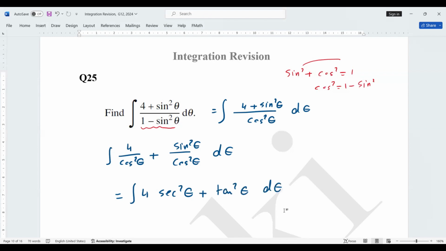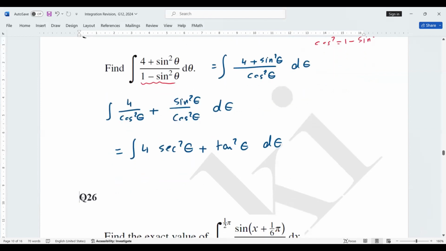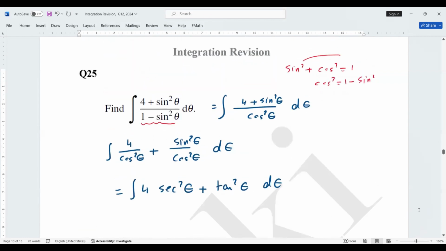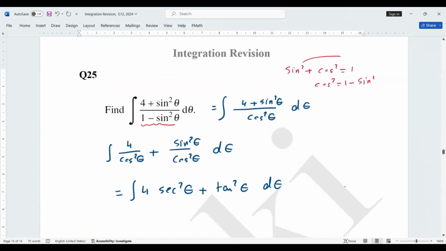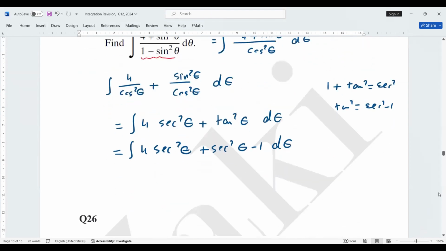We have integration of sec squared, but we don't have integration of what? Of tan squared. Then we convert the tan squared to sec squared. How? From this form, 1 plus tan squared equals sec squared. Then tan squared equals sec squared minus 1. It becomes 4 sec squared theta plus sec squared theta minus 1 d theta. 4 plus 1, 5.